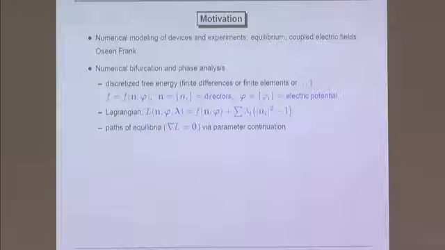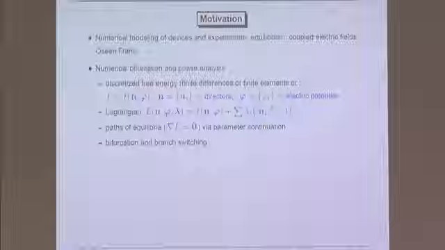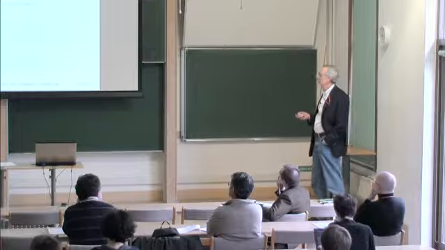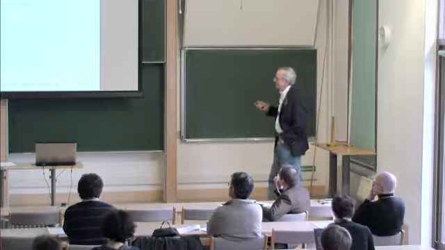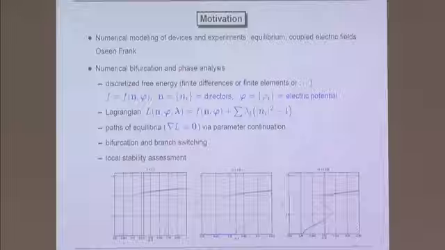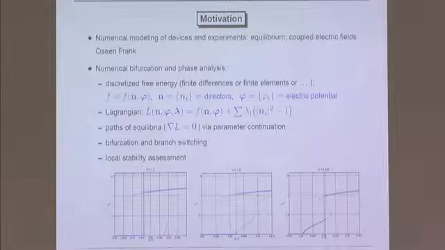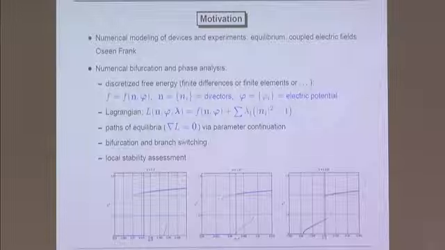And then I want to follow paths of equilibria via parameter continuation, detect bifurcation points, switch onto bifurcating branches, assess the local stability of the solutions, compute their free energy, compare the free energies where there is coexistence, and just chart out a good phase diagram that contains all of the information.